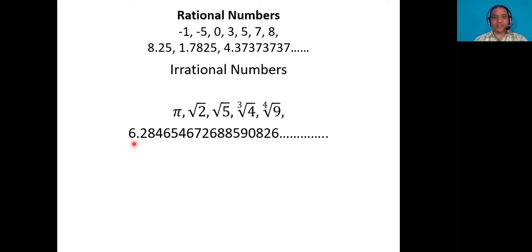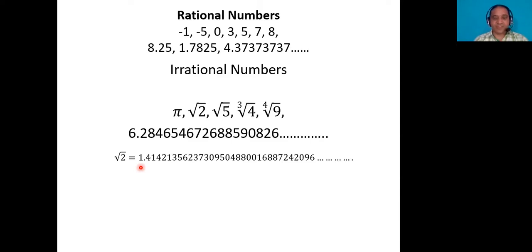Now, for example, let us see square root 2. Let us find the square root of 2 as we were finding in the earlier class, 8th class. What does square root 2 look like? It looks like 1.4142135623730950 and so on.